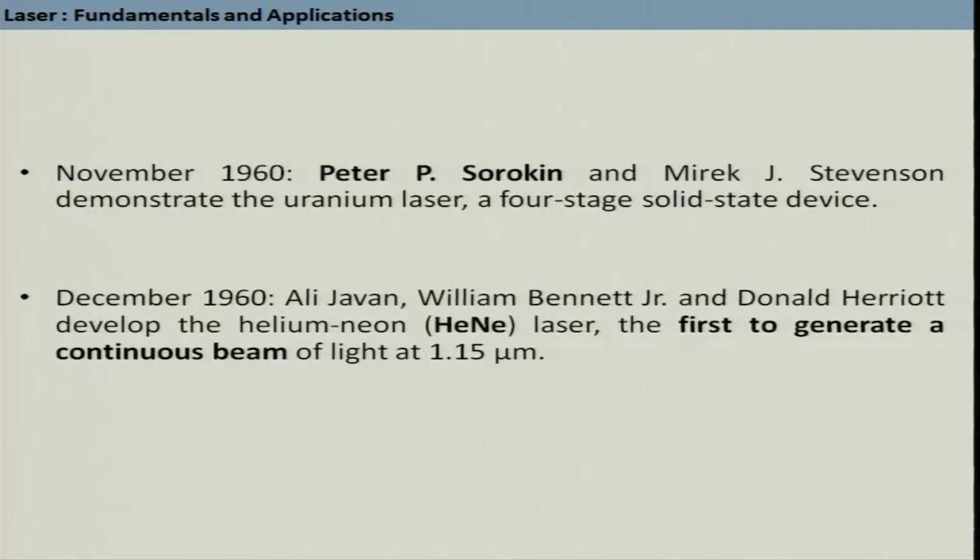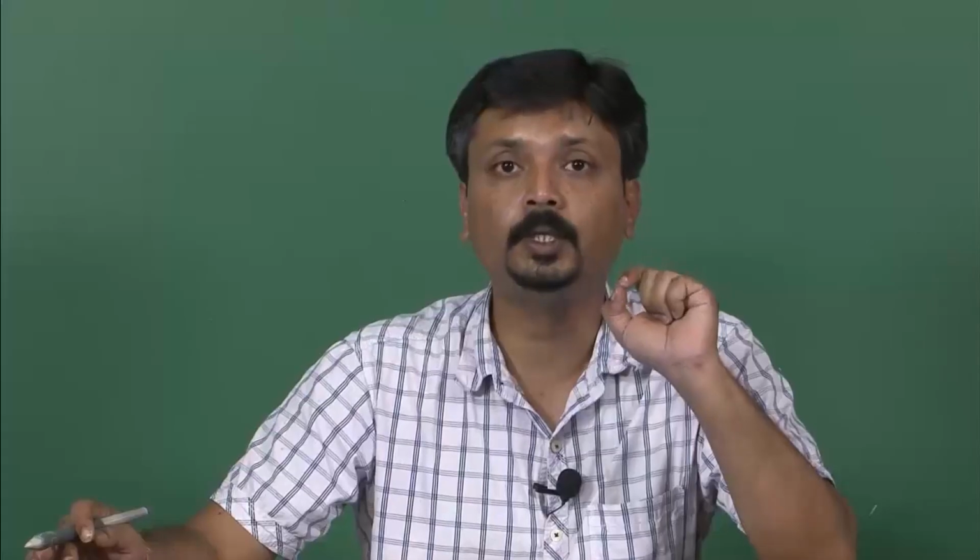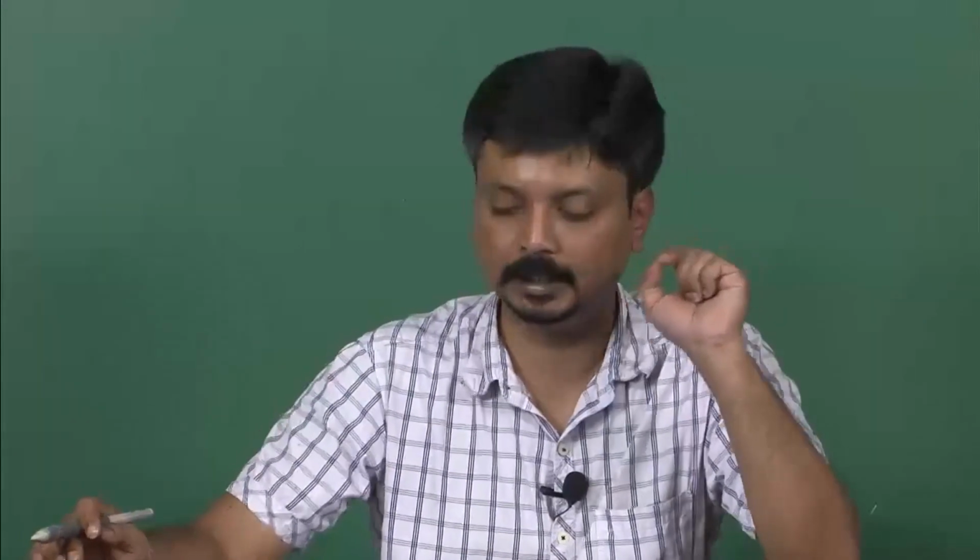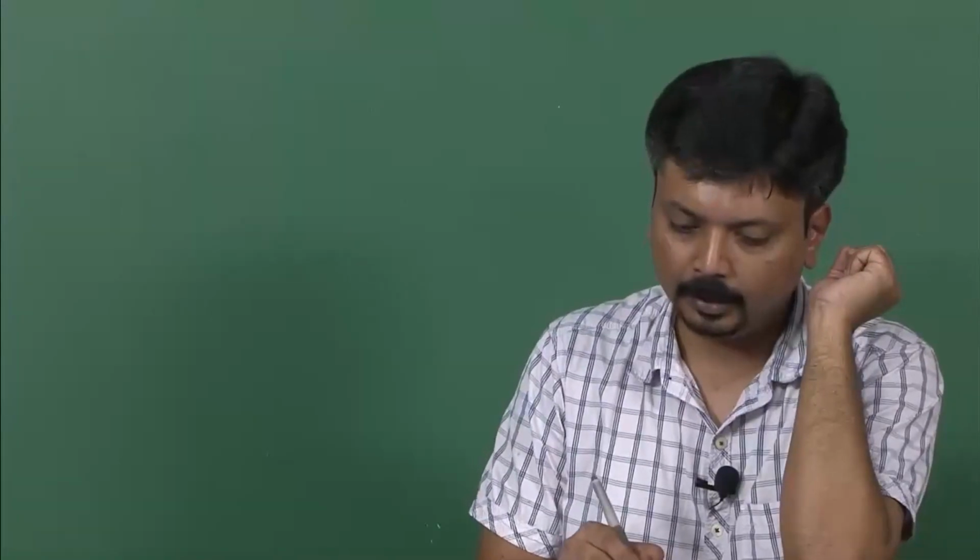And the first gas laser, remember ruby is a solid crystal, came in the form of the helium neon laser by Javan, Bennett and Herriott in 1960. One more important thing is that this helium neon laser, very often called HeNe in short, gives a continuous beam of light as opposed to the ruby laser that Maiman invented, which was pulsed in nature. All right, so let's keep going.